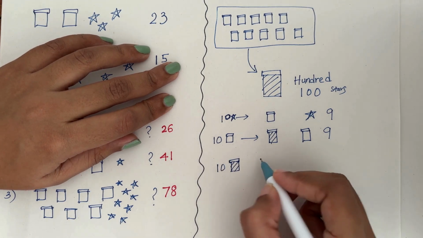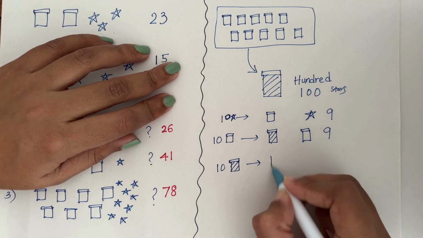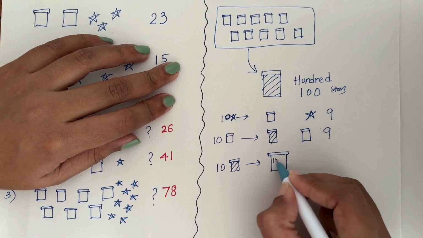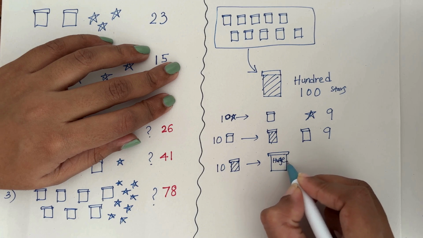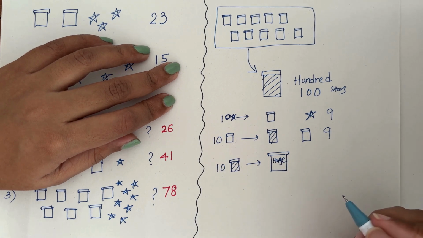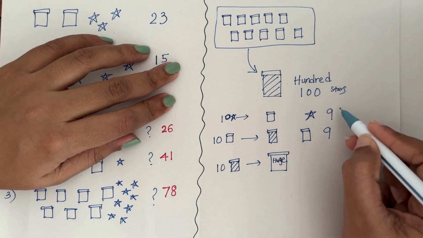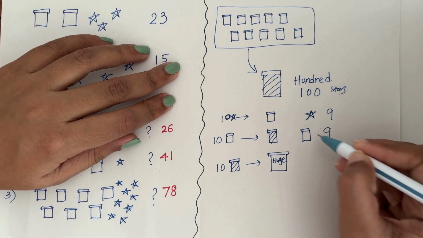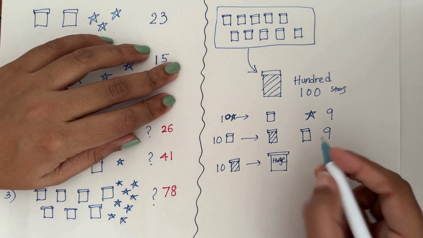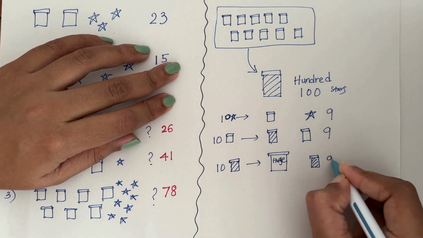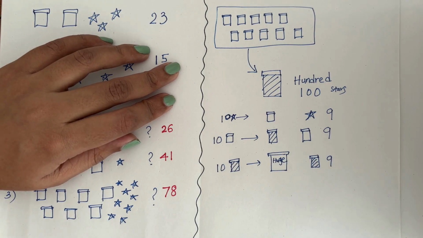If we have 10 big boxes, we have to put them into a huge box. So the maximum number we can keep is 9 stars, 9 small boxes, and 9 big boxes alone. Just remember that.